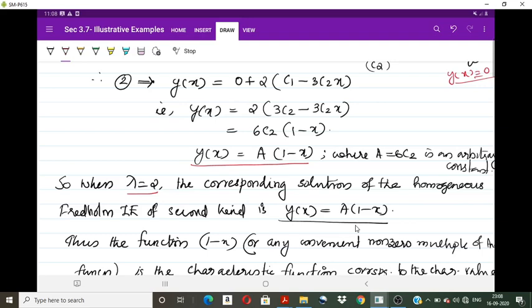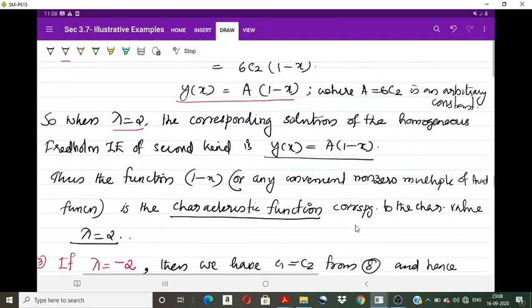This function 1 minus x, or any convenient non-zero multiple of it, is known as the characteristic function corresponding to the characteristic value lambda equal to 2.